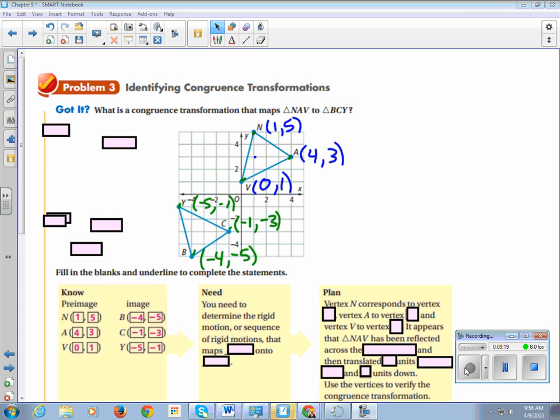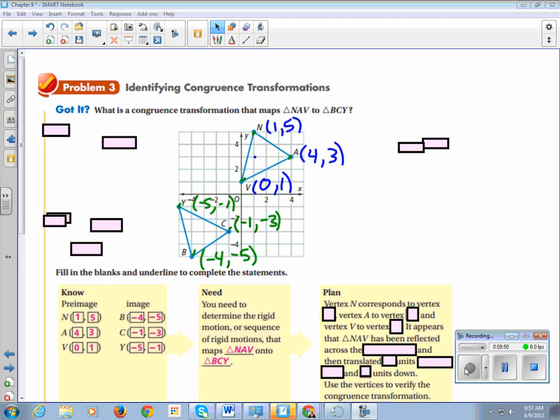So we're going to need to determine the rigid motion or sequence of rigid motions that maps triangle NAV onto triangle BCY. We're going to look and see how each coordinate is related. First thing I notice, one set of coordinates is positive and the other set is negative. Let's find a plan.